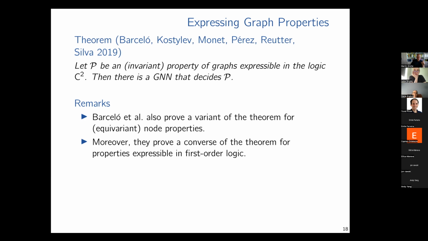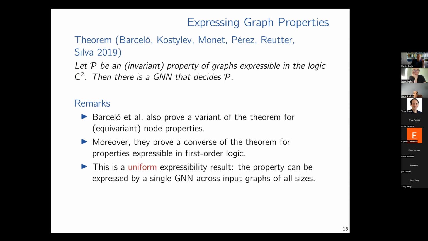If the property is definable in first-order logic, then there's an equivalence between a graph neural network deciding the property and expressing the property in the logic. But there are properties not expressible in first-order logic that can be computed by graph neural networks, but are not expressible in this logic C2. So the equivalence does not hold in general.